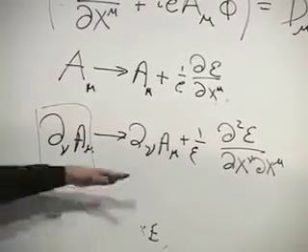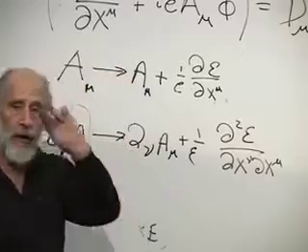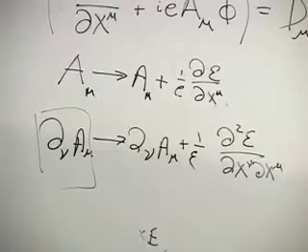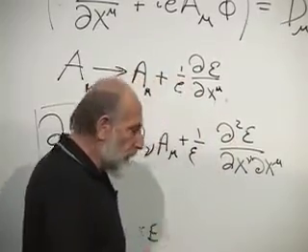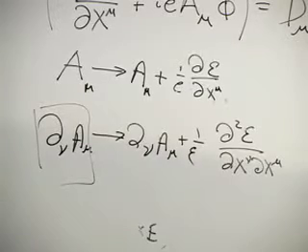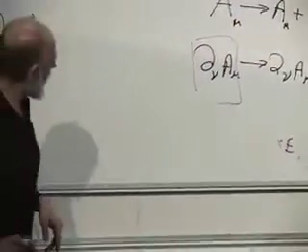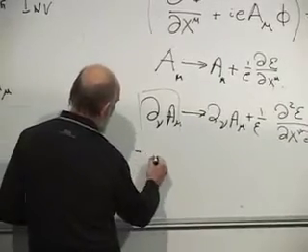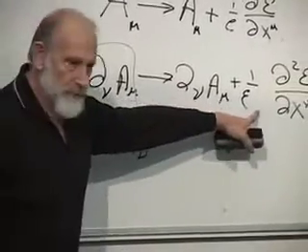This is not gauge invariant, it changes. But notice that this change here is symmetric under the interchange of nu and mu. The process of differentiation with respect to 2 coordinates commutes. Commute means it doesn't matter which order you apply those 2 operations. And that means that if I subtract from this minus d_mu A_nu, this term will cancel.